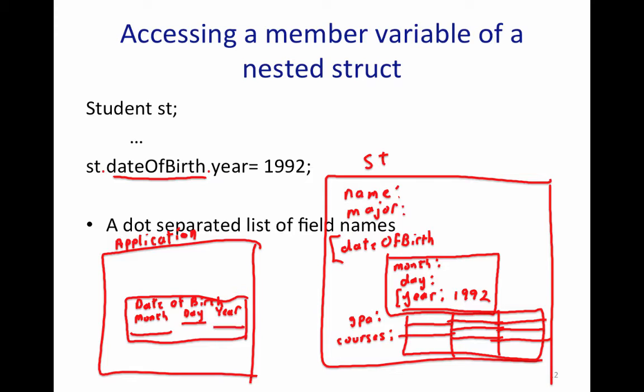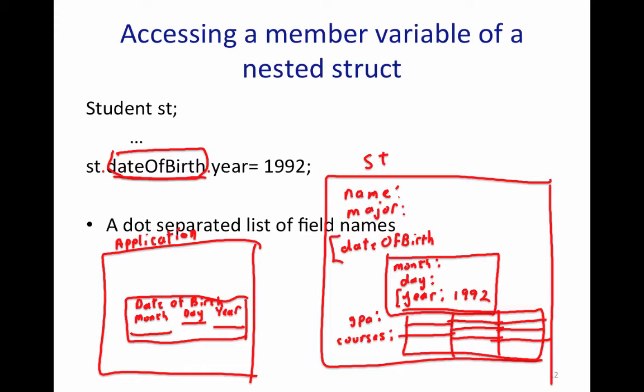So you tell your friend, okay, go find the block in the form that says date of birth. Okay, well, that's what this right here is telling the computer. It says go find the date of birth block in the ST object.